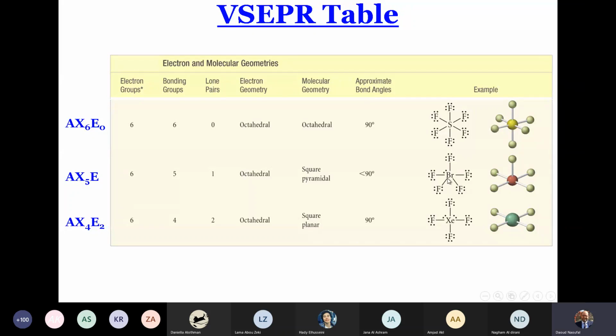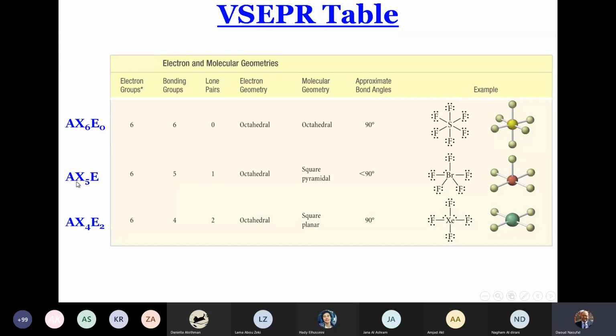We pass to BrF5. BrF5, this is AX5E. I explained it before. AX5E, EP equals 6, BP equals 5, and NBP equals 1.